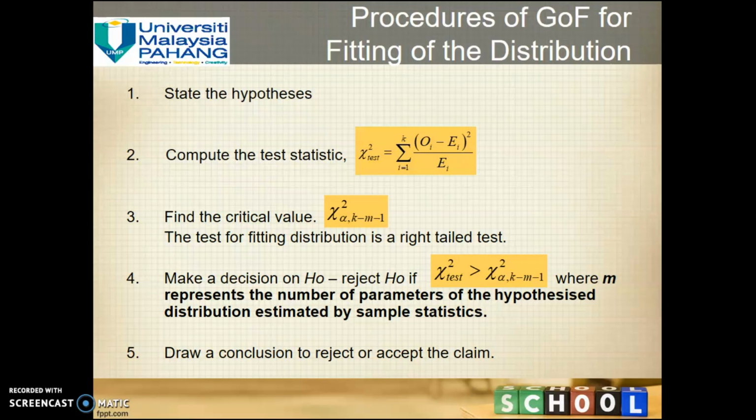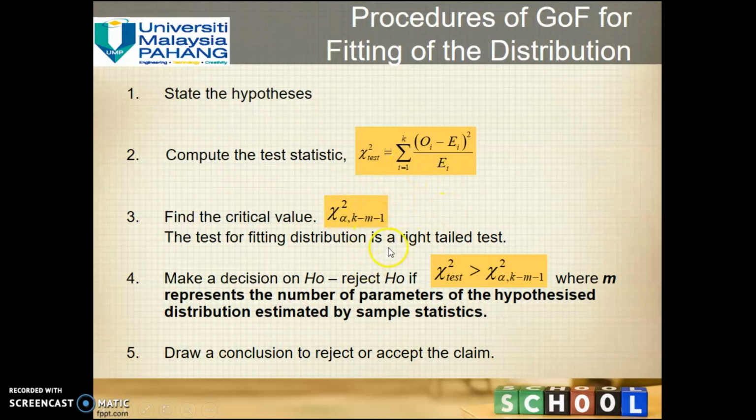After you make sure all the E are greater than 5, then we calculate the chi-square here, similar to what I showed for 6.1.1. And then step 3, the critical value. The critical value here is quite different from 6.1.1 in terms of the degree of freedom.